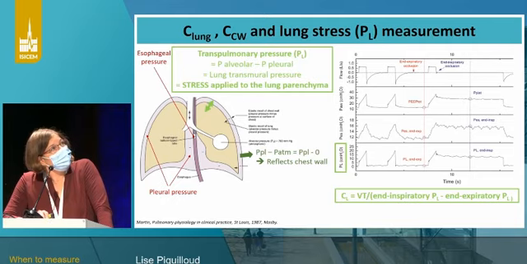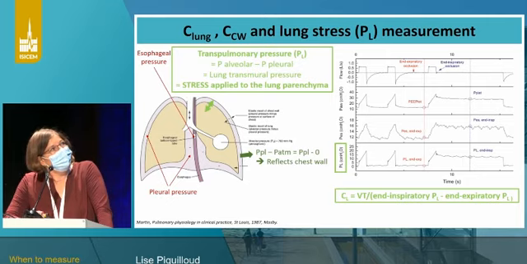And if you look at what you have during a recording, first you have, as usual, the airway pressure with the plateau pressure and total PEEP. You can compute the compliance of the respiratory system with the ventilator. And in addition, you have the end expiratory pause here for esophageal pressure and the end inspiratory pause here for esophageal pressure.